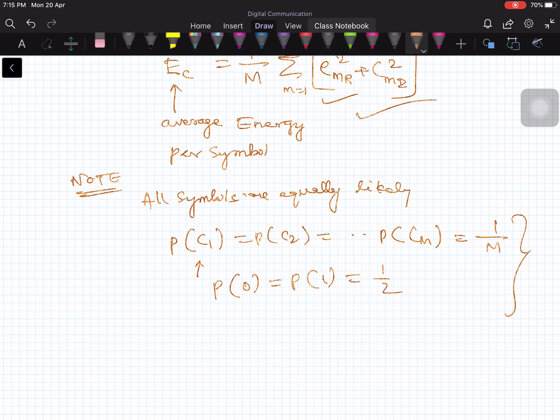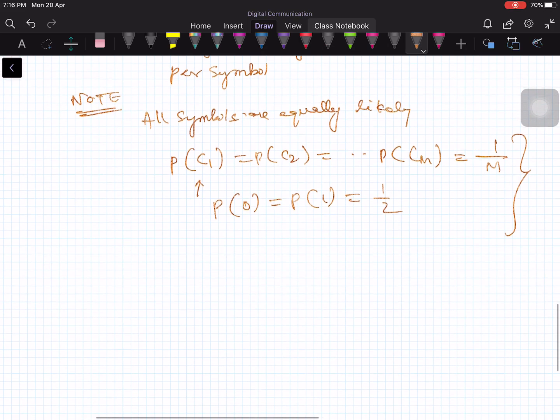Okay, so this is the first attribute of a given signal constellation diagram in the complex plane. And the second one is, this alone will not suffice, because at the end I should know how much energy I am going to transmit for a given bit. So instead of saying per symbol, because in one modulation scheme I may transmit 3 bits for a given symbol, and in another modulation scheme I may transmit 2 bits, and in another I may transmit 4 bits for a given symbol.